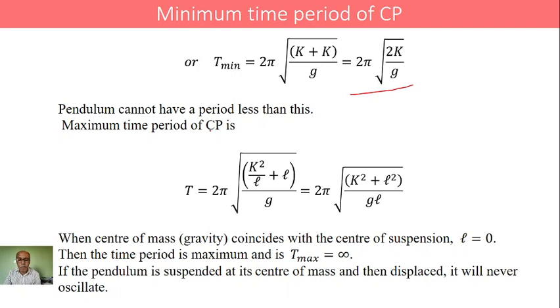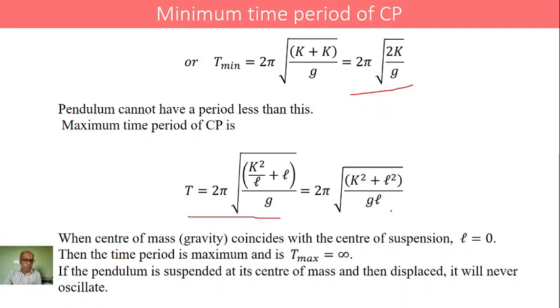Similarly, the maximum period is T equals 2 pi into root of (k square by L plus L) whole divided by g, or that is equal to 2 pi into root of (k square plus L square) divided by gL.